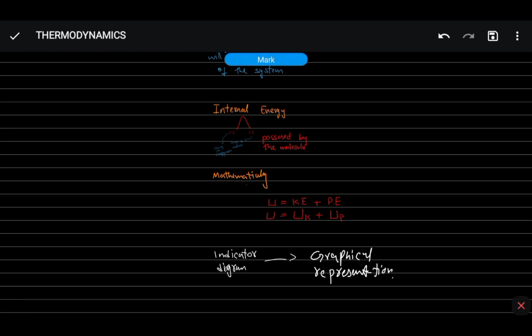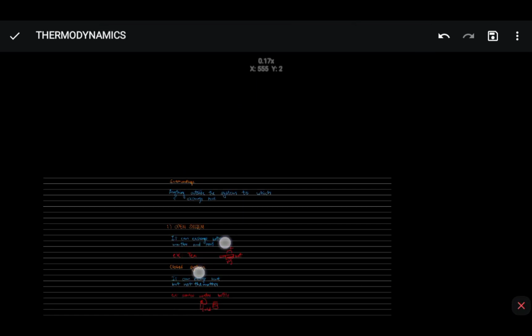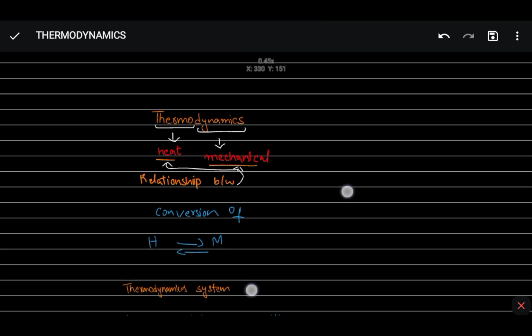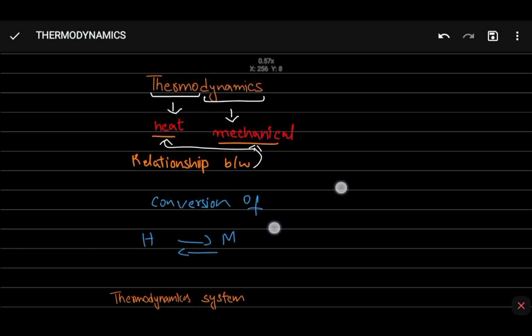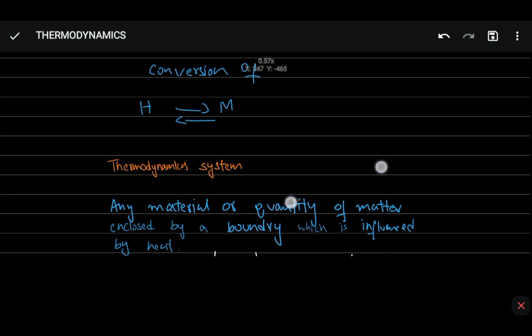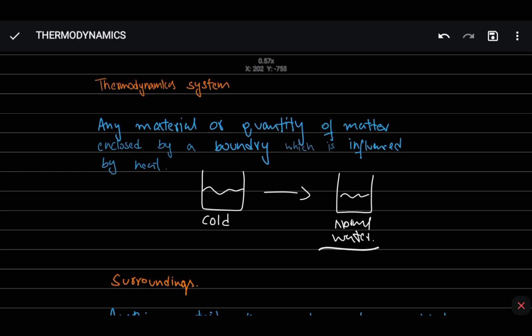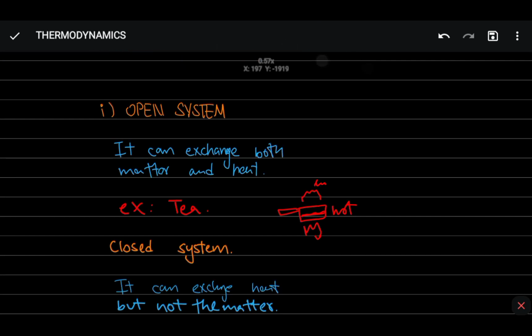Let me just recap what we have studied. We started from thermodynamics, which is basically the relationship between and conversion between heat and mechanical energy. We have studied the thermodynamic system, the surroundings, and the three systems: open system, closed system, and isolated system.